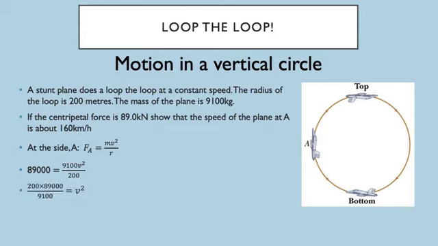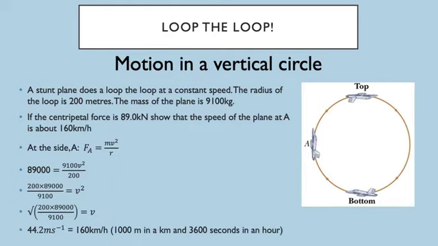So we work that out, put all of those numbers in, rearrange the equation, and we find that the velocity is 44.2 meters per second. And if we convert that into kilometers per hour, that's about 160 kilometers per hour. So there's 1,000 meters in a kilometer and 3,600 seconds in an hour. Okay, so that's an example that you might have to work out.